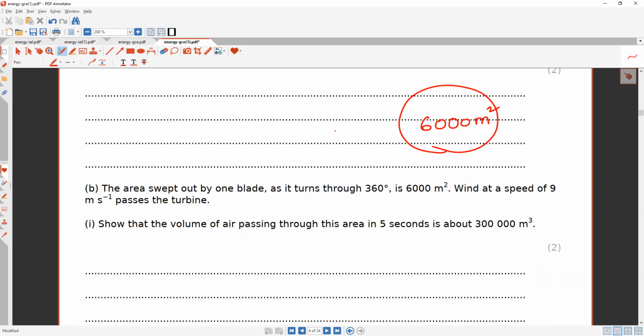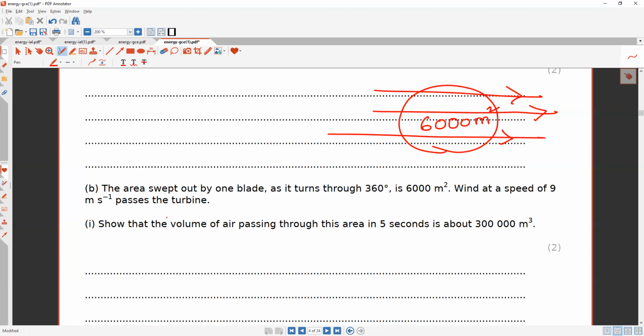Clear? Show that the volume of the air passing through the area in 5 seconds is about 300,000 meter cube. Very commonly asked question, by the way. So how do you do this?